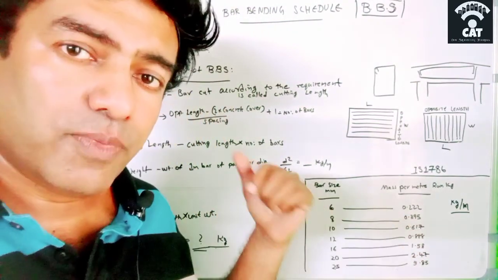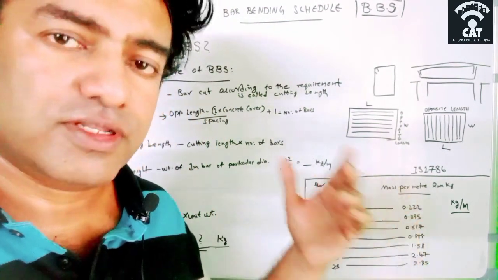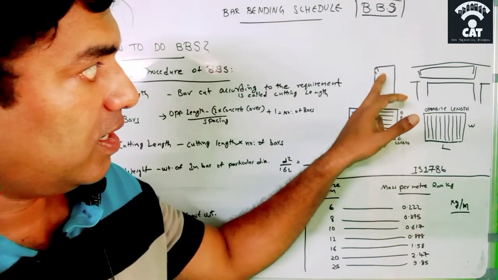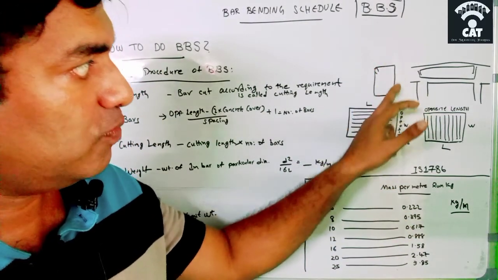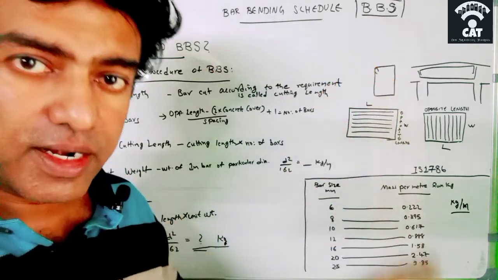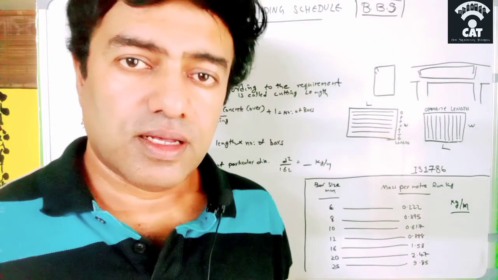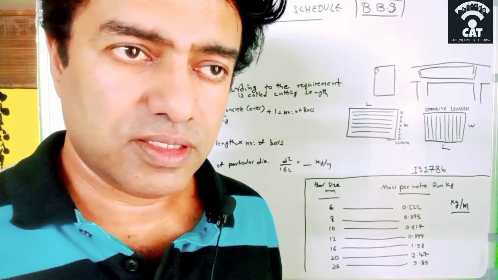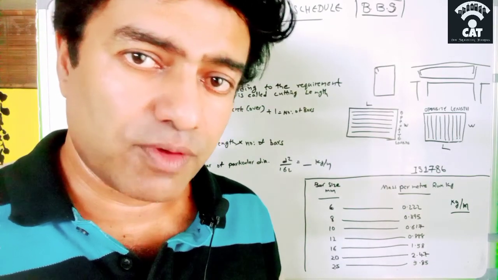Then the total number of bars. For the cutting length, you can see this is a stirrup, and this is how you get this whole length by cutting from the steel bar arriving at the site. You know the total length of the steel bar will be 12 meters.